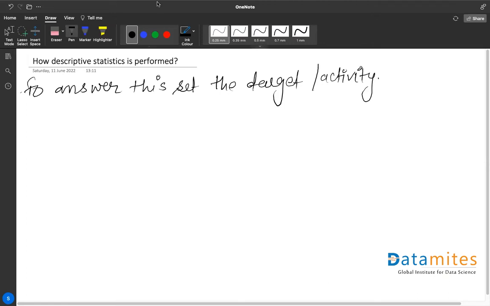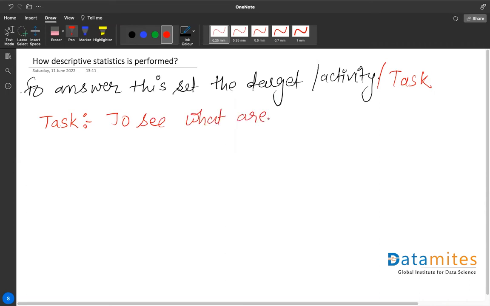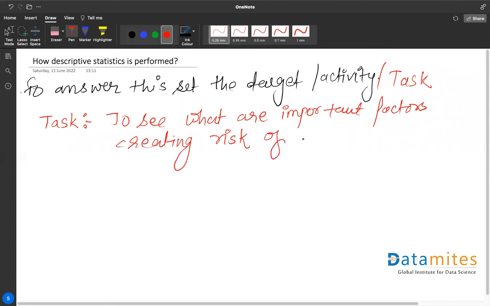So let's say my task is to see what are the important factors creating risk of malaria in a given locality.